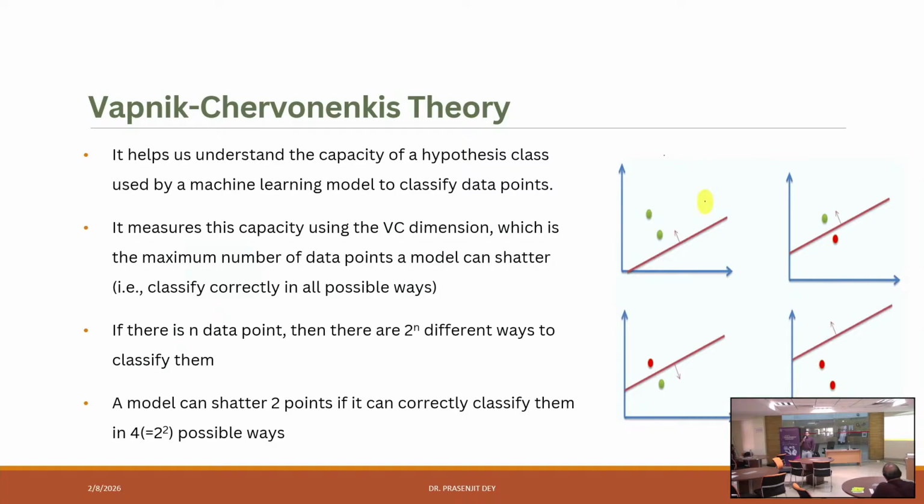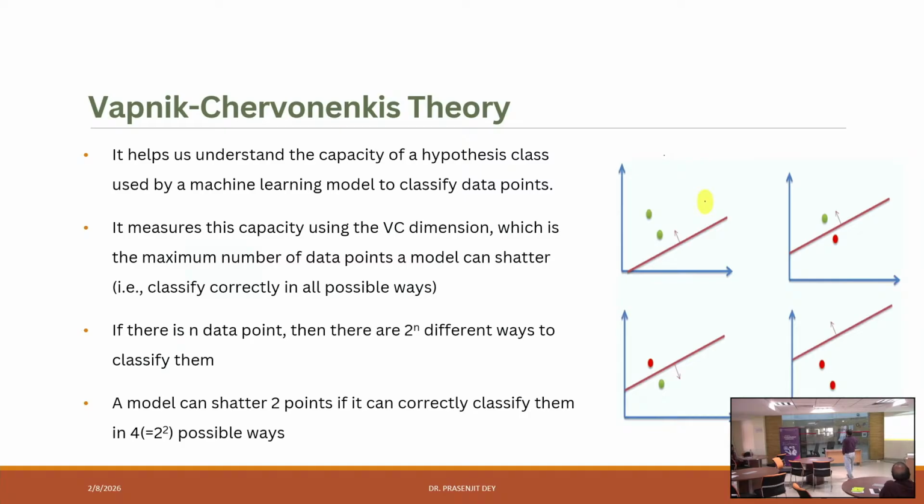So what are the possibilities of these data points with respect to classification? There are only 2 classes, because 2 data points cannot be more than 2 classes.